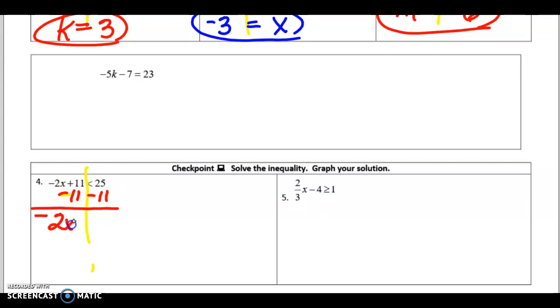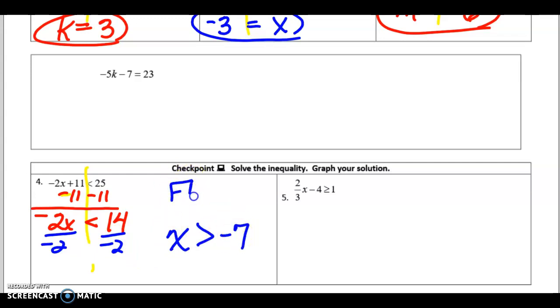Negative 2x is less than 14. Now we're going to divide by negative 2. And this is one of those problems that you have to flip, because you divided by a negative 2. So here's your answer. X is greater than negative 7.